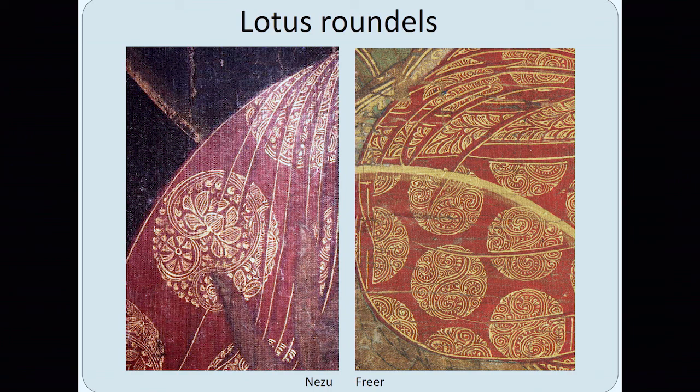Unlike other patterns, the lotus roundel is used only for Goryeo Buddhist paintings, which enables us to distinguish them from related works produced in China and Japan. So if you see this kind of pattern on the garment of the Buddha or bodhisattvas, you know that you're looking at a Goryeo, a Korean work.